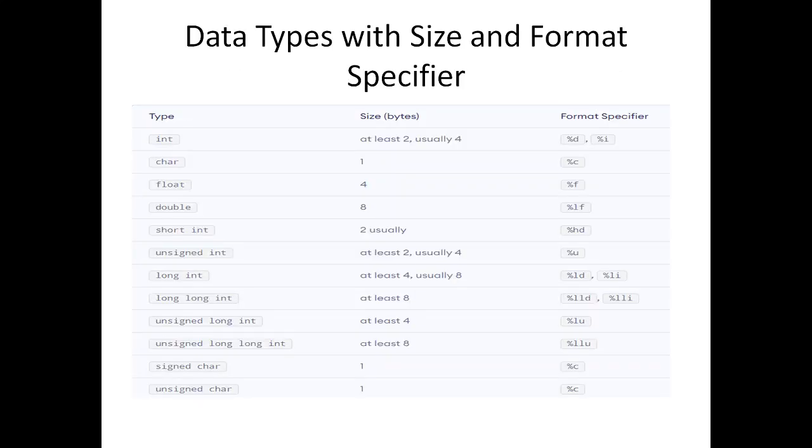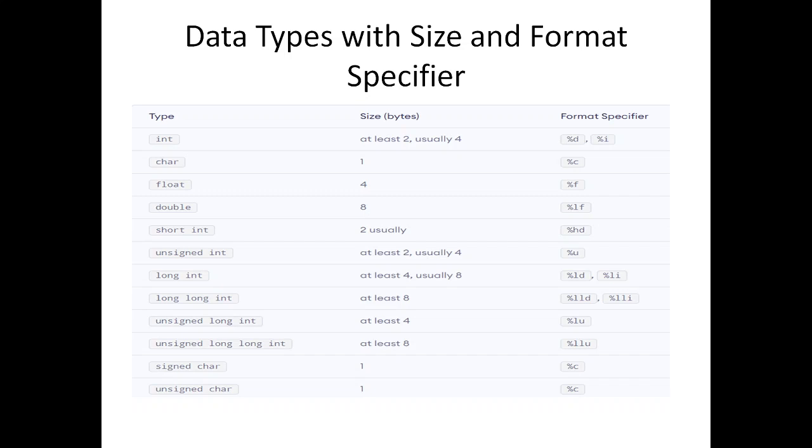The data types are further divided, like int and also long. Let us understand many of them. Broadly, the data types are like int. In terms of bytes, it is at least 2, or usually 4 bytes.